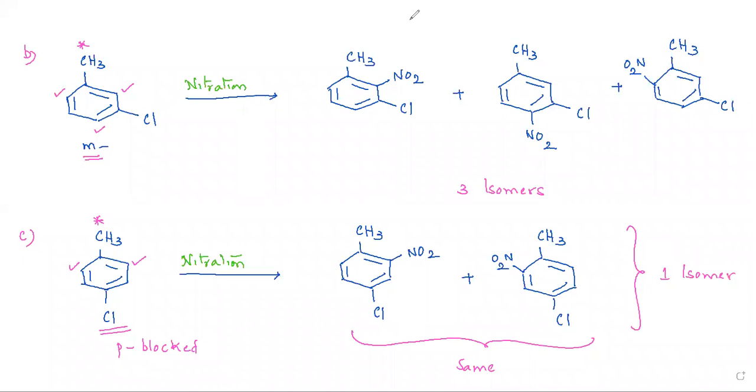Now, finally, let me just give you the mantra. Now, the OMP thing actually gave us 2, 3, 1 distinct isomers, right?